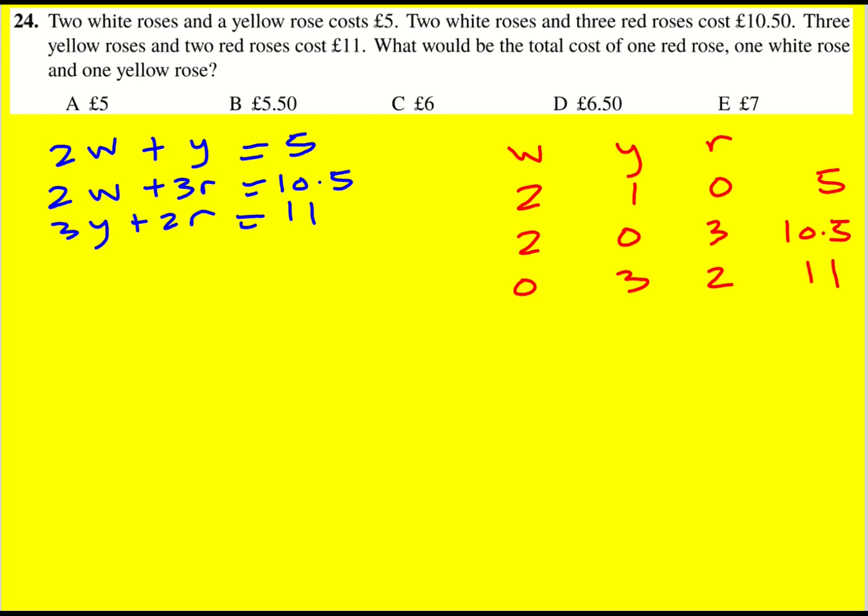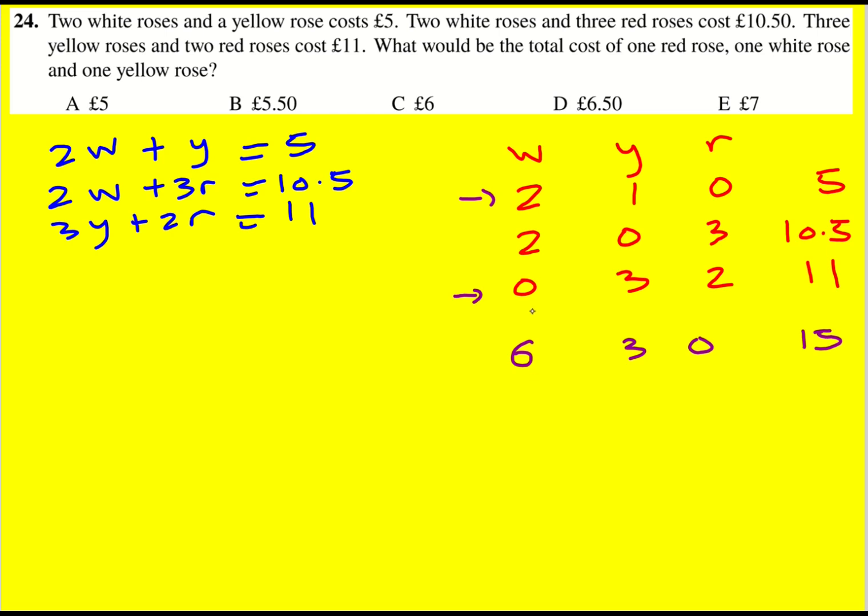Okay, so what I decided to do was combine the first and the third. I'm going to multiply the top one by 3, giving me 6, 3, 0, and 15. And then minus the third one from that.